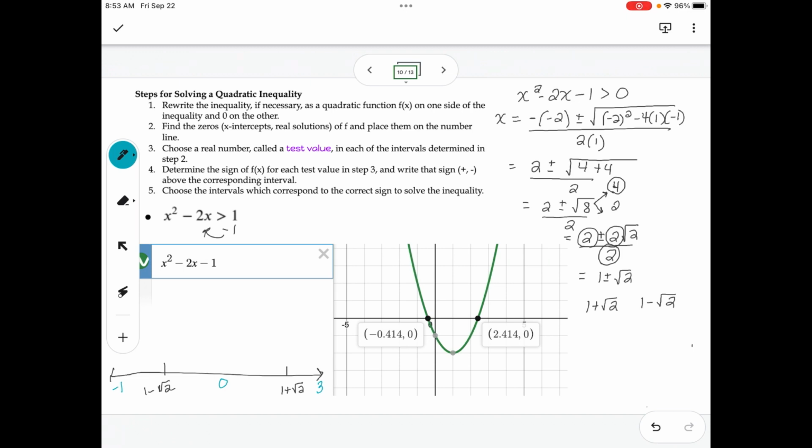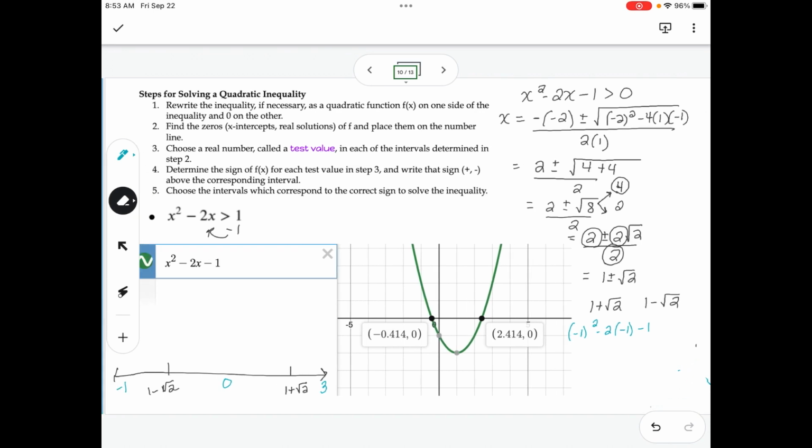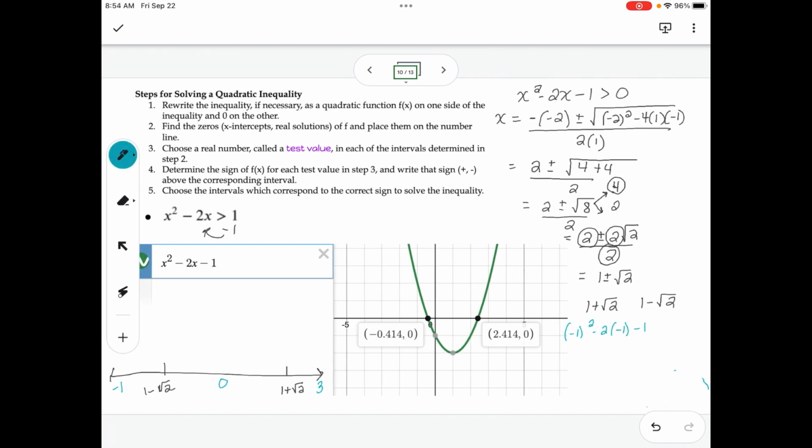So again, if I did negative 1, I'd have negative 1 squared minus 2 times negative 1 minus 1, giving me 1 plus 2 minus 1. It doesn't matter. It's greater than 0. So it's positive over here.